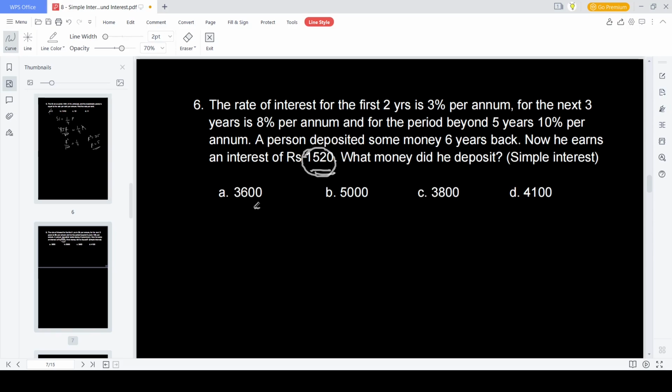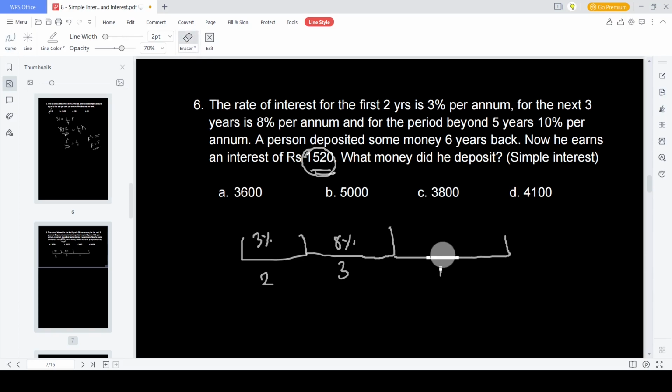They told us the first 2 years, so we break it down into periods. First 2 years he earns a 3% interest. Next 3 years he earns an 8% interest. Beyond five, that means only 1 year is left, and then he earns 10% on it.